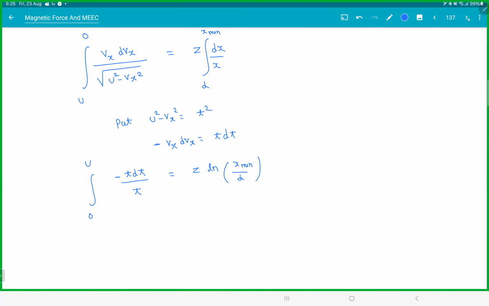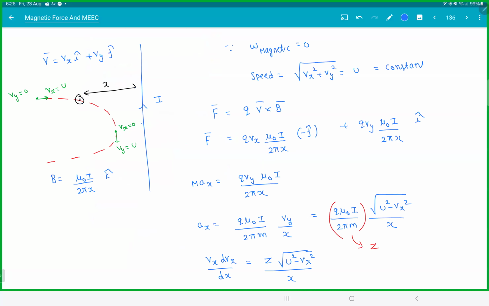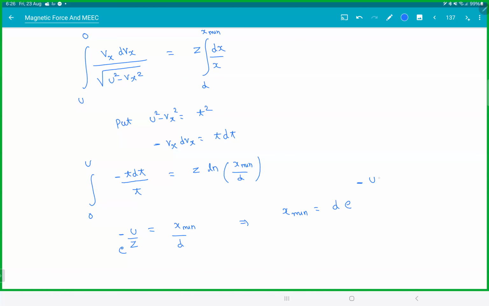Left side integration has become easy. That becomes minus u. So you get minus u by z exponential is x minimum by d. I skipped a step there. So, and then you're done. So x minimum would be d into e power minus u, and what is this z? q mu naught I by 2 pi m.